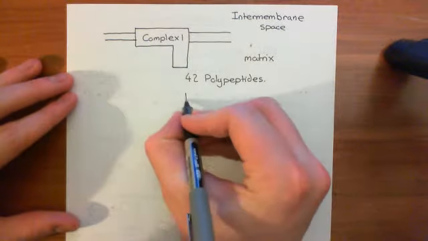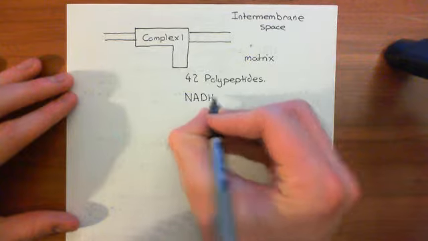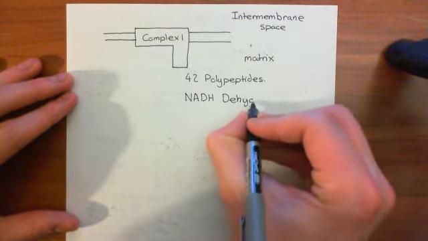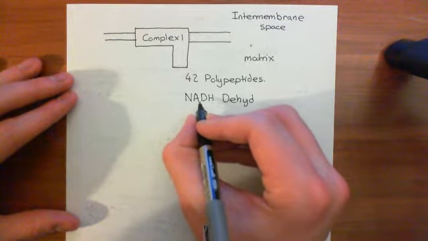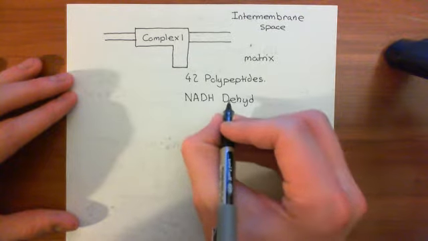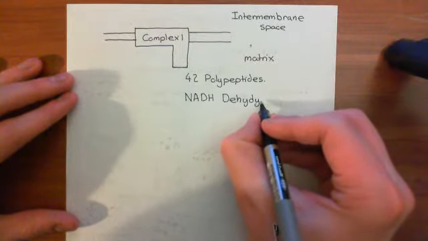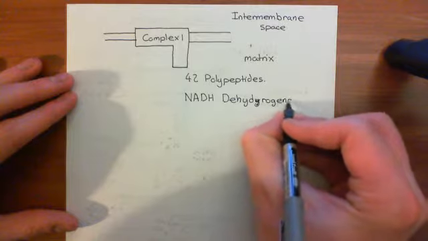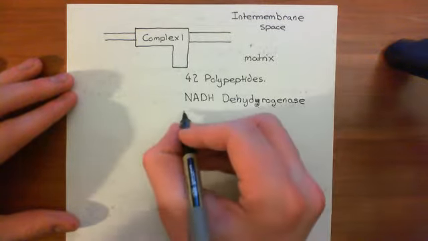Now it's also got a few other names. It's also called NADH dehydrogenase, and that reflects the fact that it is going to take that hydride anion that we gave to the oxidized nicotinamide adenine dinucleotide. It's going to take that off the NAD molecule. Now it's also got one final name.